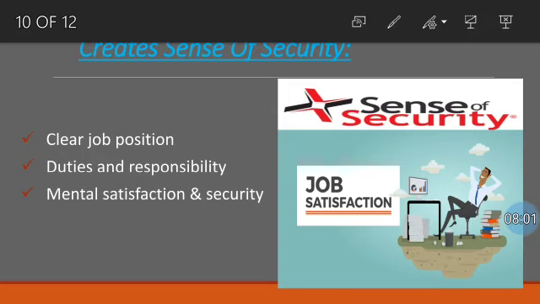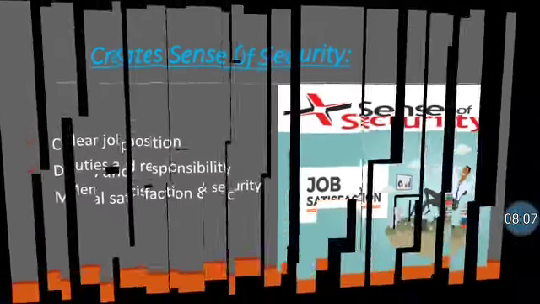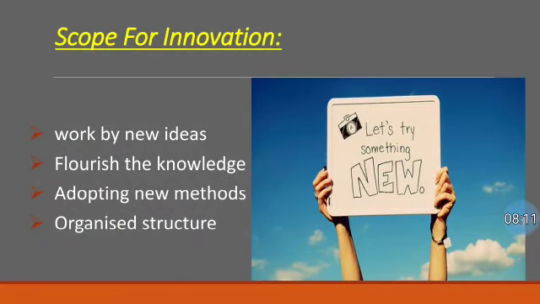Let's move to the next point, scope for innovation. Employees of an organization enjoy freedom of self-expression. They contribute new ideas. They always want to learn something new, do something different.